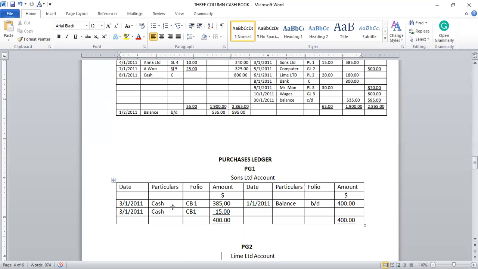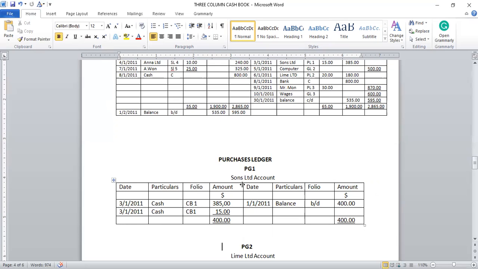So it shows the card that has been paid. That is 3rd January 2011, particular cash book $385. And the discount that he received, 3rd January 2011, particular cash book page 1, $15, showing that. So his account has been closed.